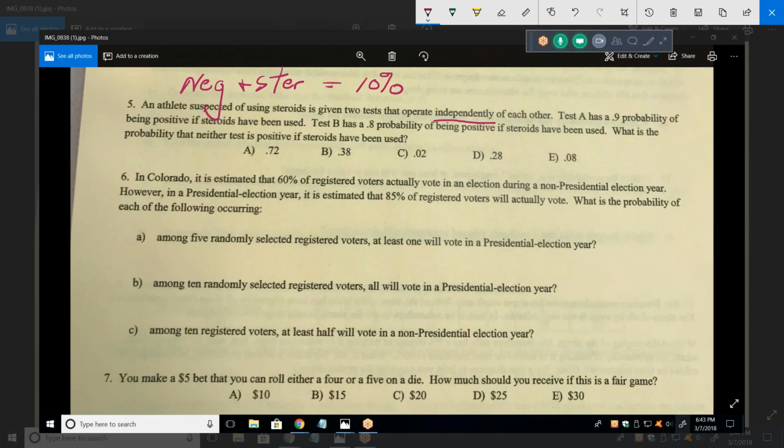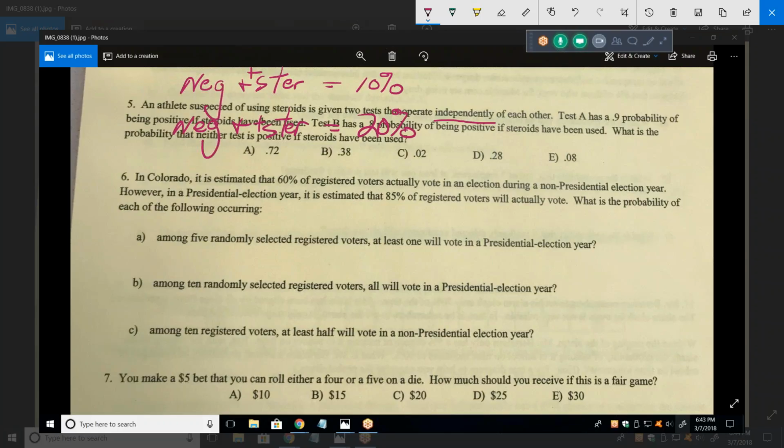And positive steroid. Okay. Test B has an 80% probability of being positive if steroids have been used. So the chance that it's negative and steroids were used would be 20%.